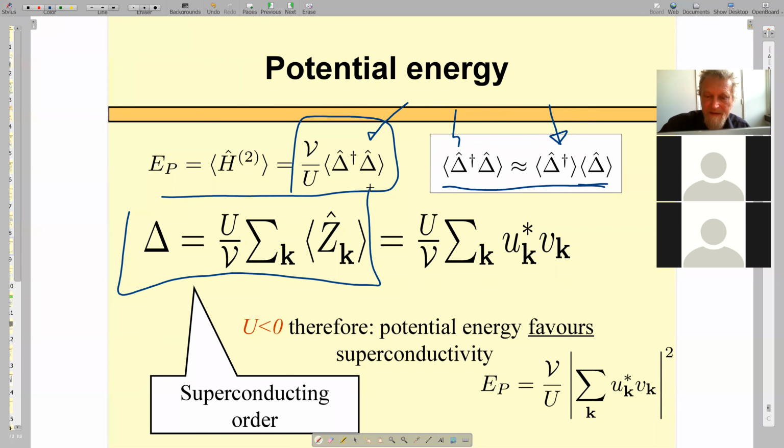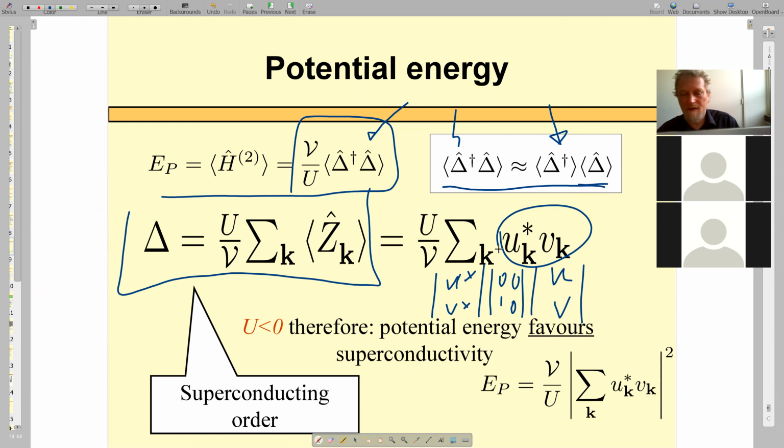Again, in this case, I need to take two wave functions, u, and put an operator Z. Operator Z has this structure, so it gives a non-diagonal element, a product of u's and v's. Fine.